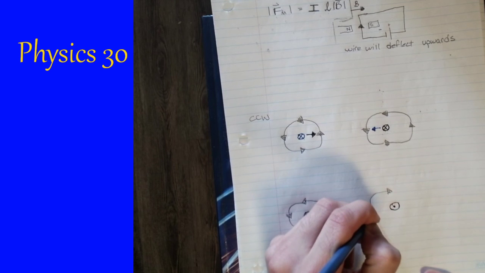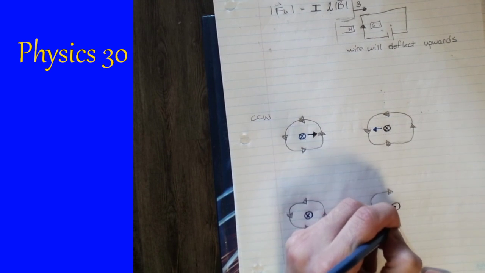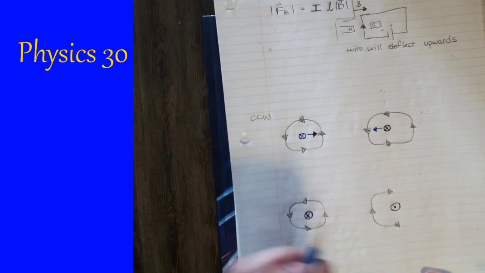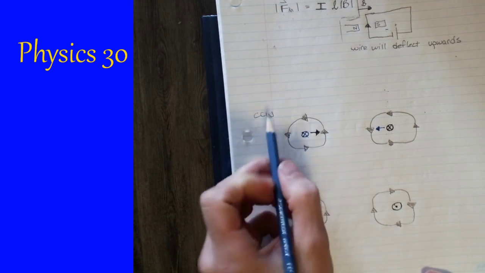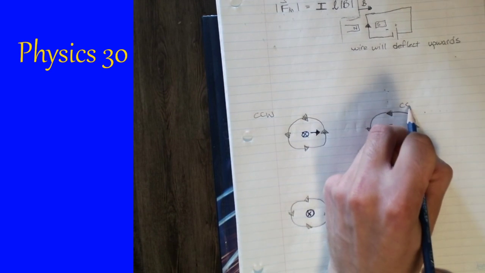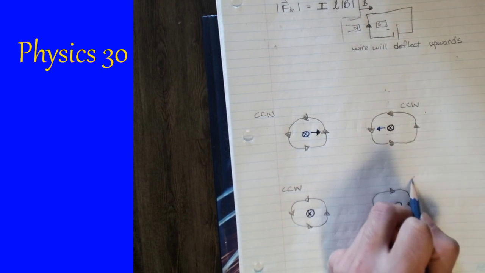So we draw all of our arrows opposite. So now, instead of counterclockwise, we have counterclockwise and clockwise.